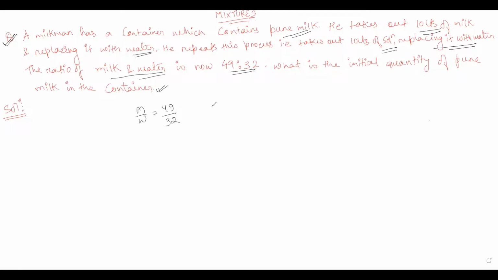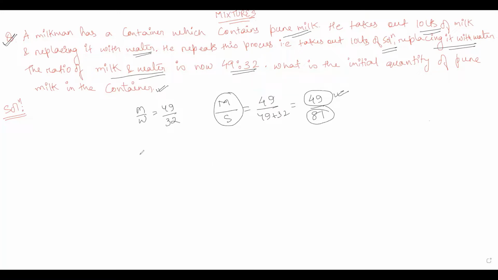So can we say that the ratio of milk to the total solution would be simply 49/(49 plus 32), which would be 49/81. So that means out of total 81 liters of solution, we have 49 liters of milk. So this is nothing but the concentration of the solution.